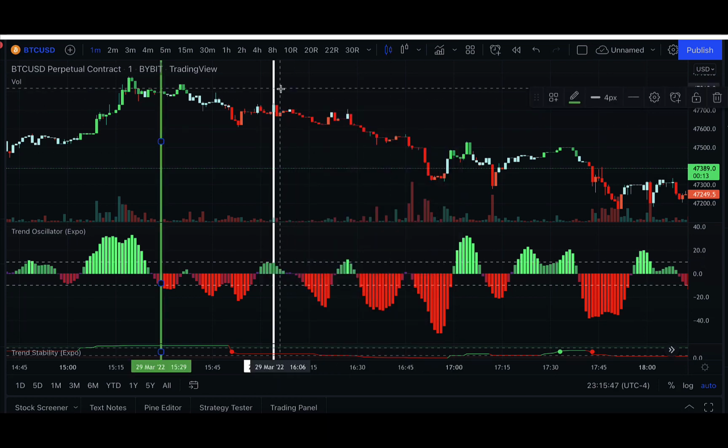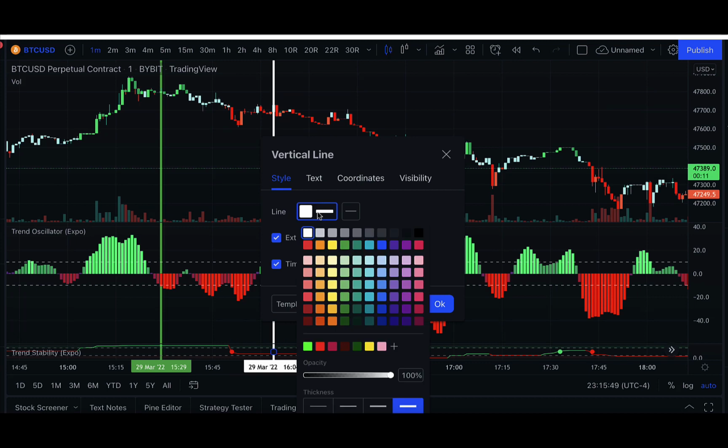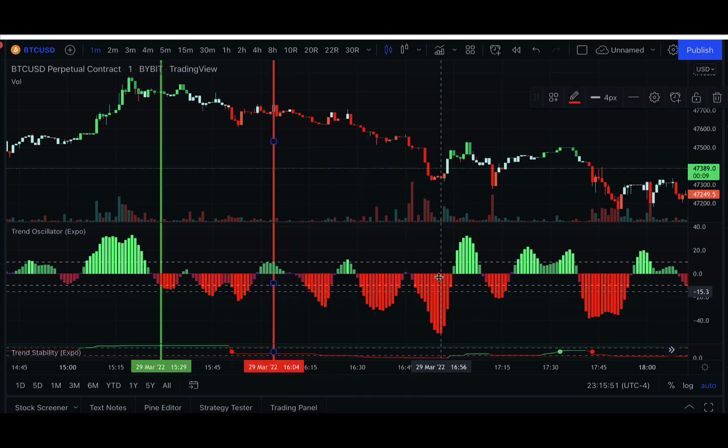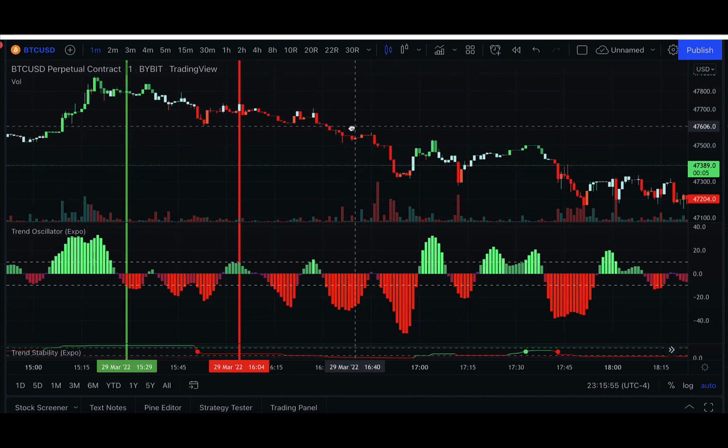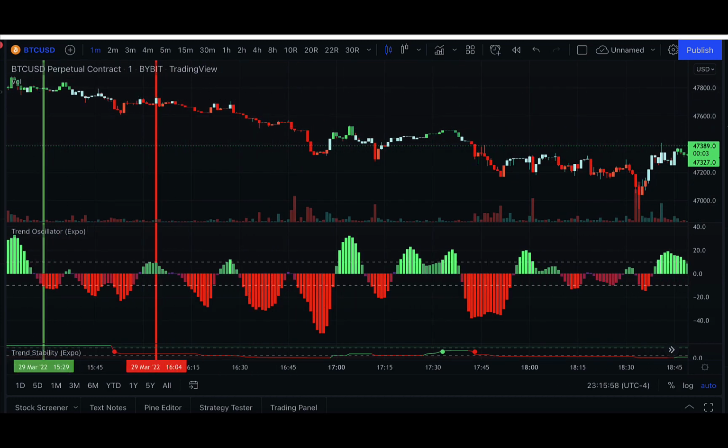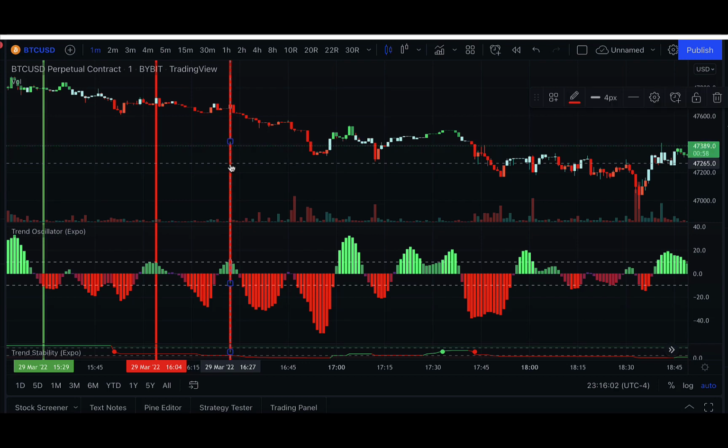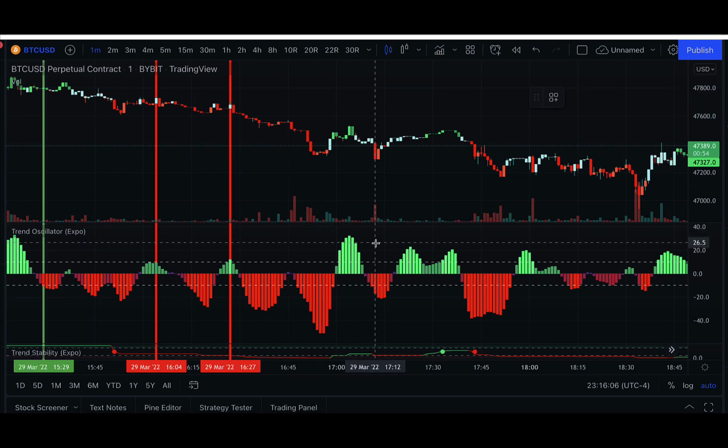And then this one is a win. And again, this is just a simple idea. It'd be very good if you add support and resistance to your trading. Here's one right here for a win.